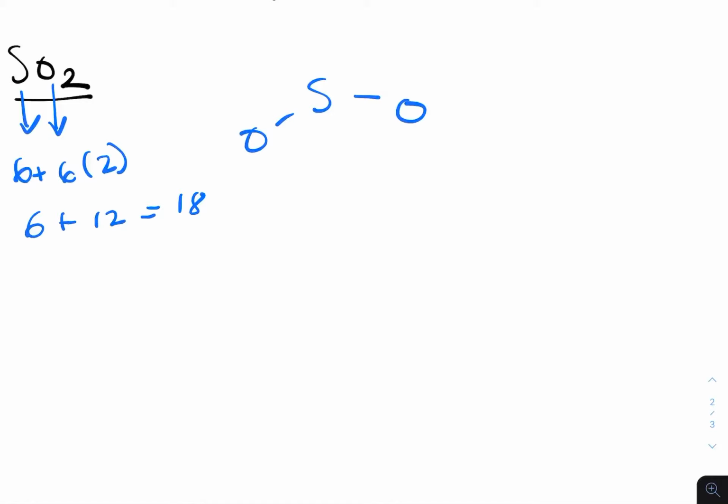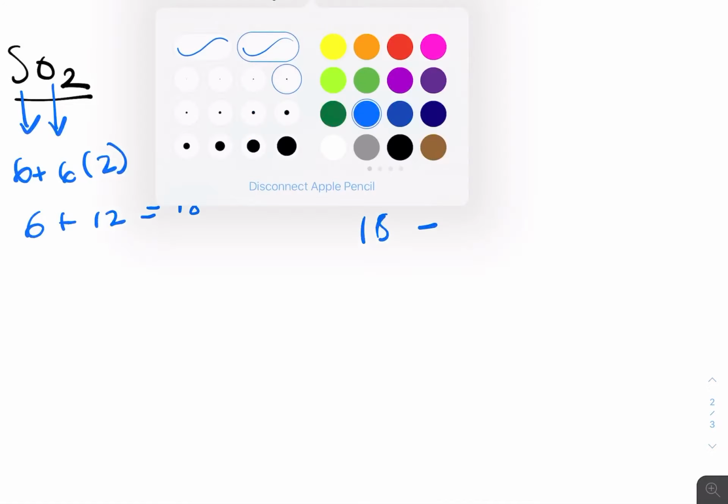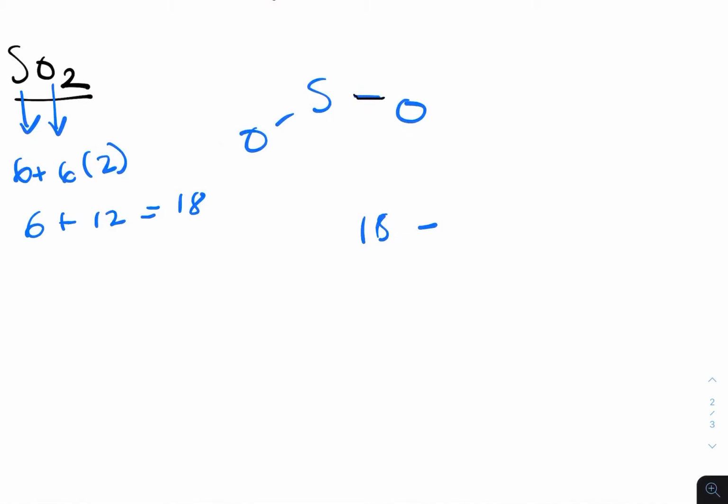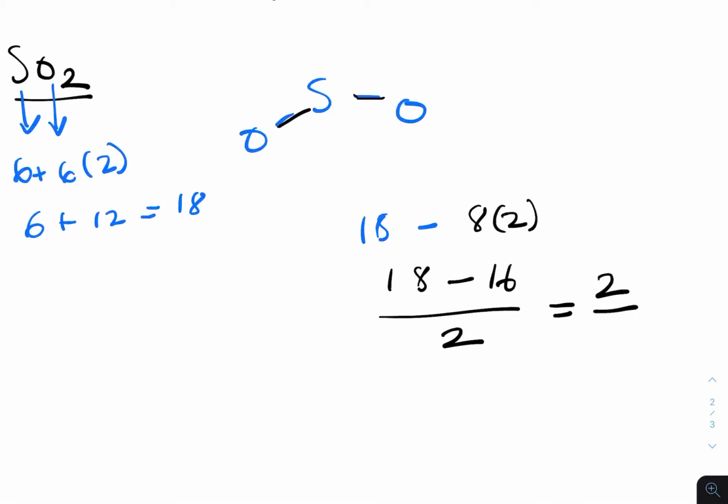So we know it's 18. So 18 minus 8n. There are 2 atoms connected to sulfur, so it's 8 times 2. So it's 18 minus 16 over 2, which is 2 over 2, which is 1. So there's basically 1 lone pair on sulfur.